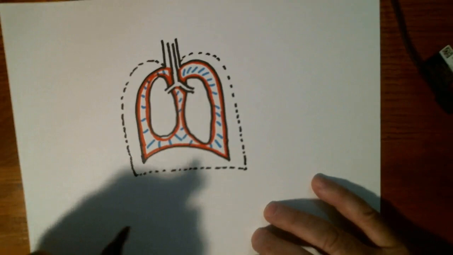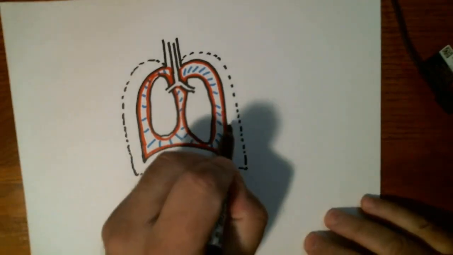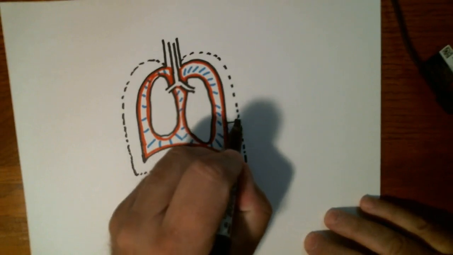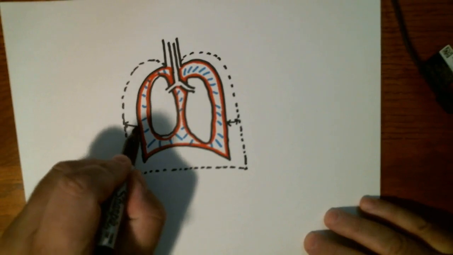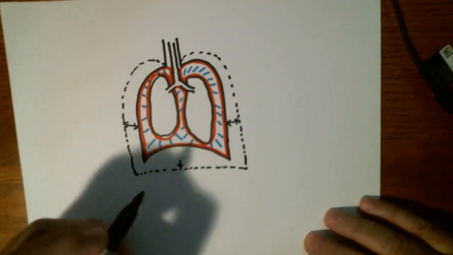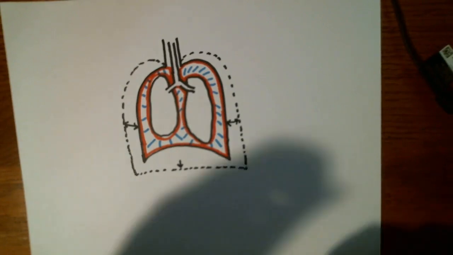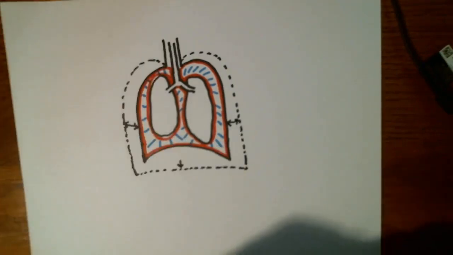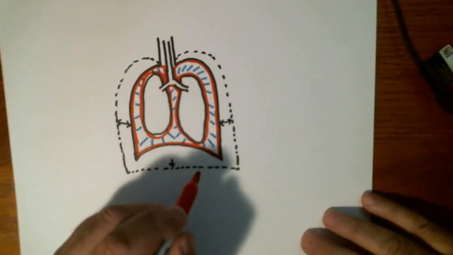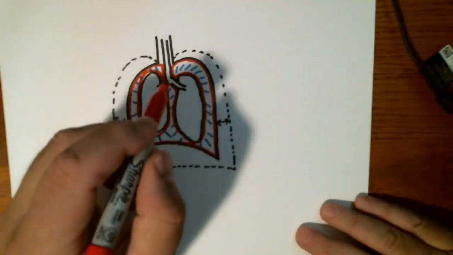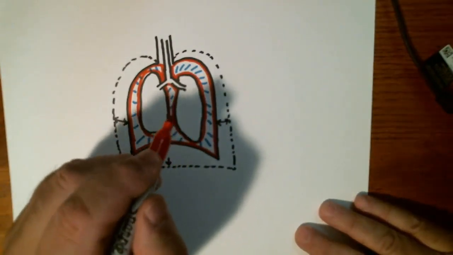Now, when we have that increase in the thoracic volume, what's going to happen here now is this body wall is going to be pulled out in this direction, and the diaphragm is going to move down like that. Now, one thing I forgot to mention when I was drawing these in, by the way, is that whenever we take a look at this serous membrane, since it's surrounding the lungs, it's referred to as the pleural membranes.